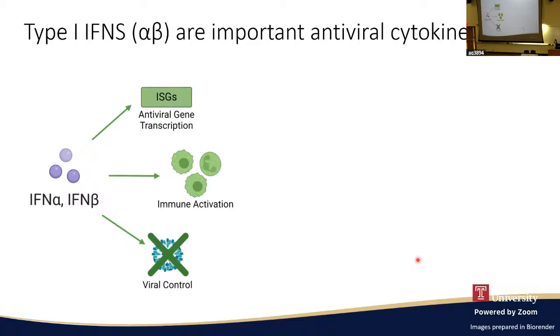Now, one of the important innate immune responses to viral infections are type 1 interferons. Type 1 interferons are produced in response to influenza infection, and they can initiate antiviral gene transcription, they can activate immune cells, and their ultimate goal is to control the virus.